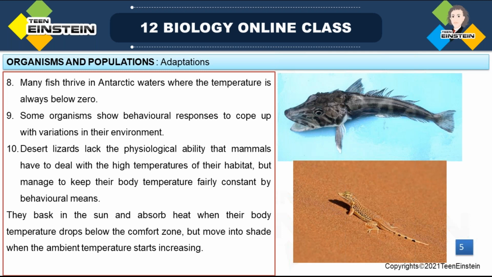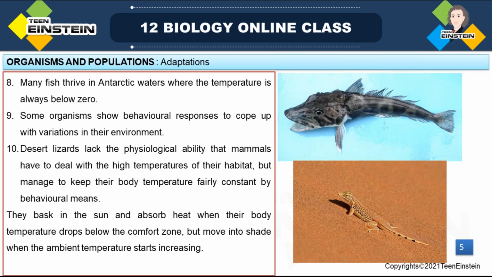A large variety of marine invertebrates and fishes have adapted biochemically to survive in the great depth of the ocean, because they have a special kind of adaptation so that they can survive in the deep sea also. At great depths of the ocean, the pressure is more than 100 times the normal atmospheric pressure.